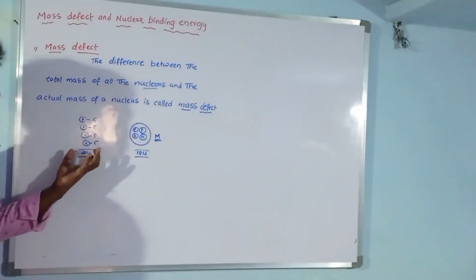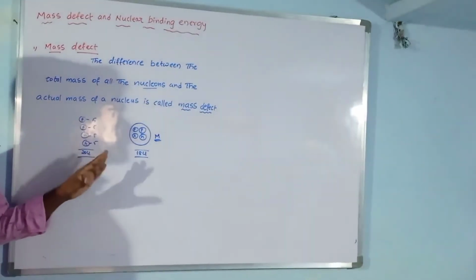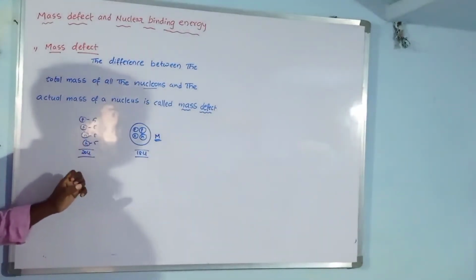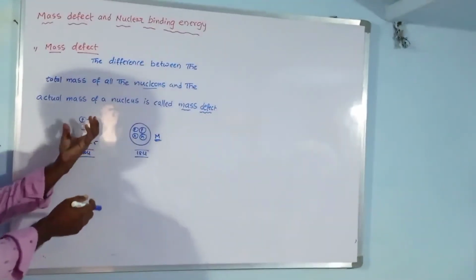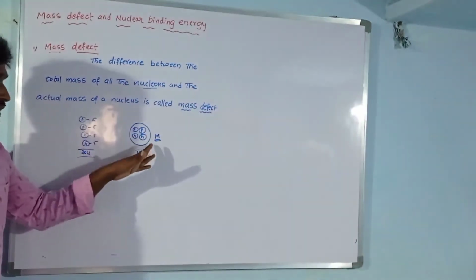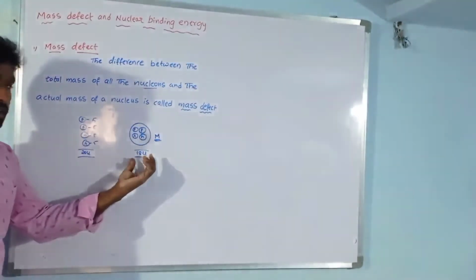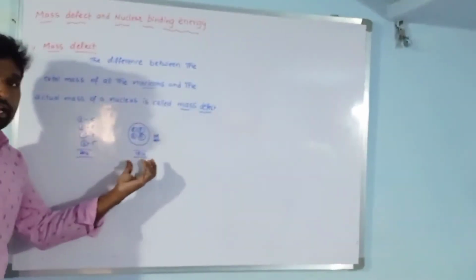We can measure the masses of the nucleons by using a mass spectrometer. When we join these nucleons as a nucleus and measure in this situation, we will get 18 units here.